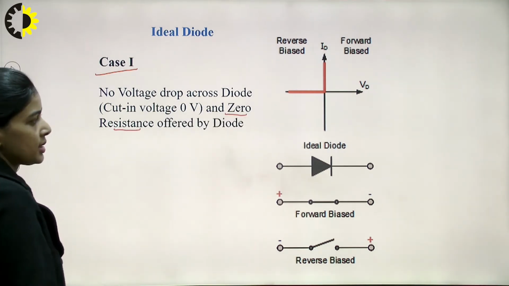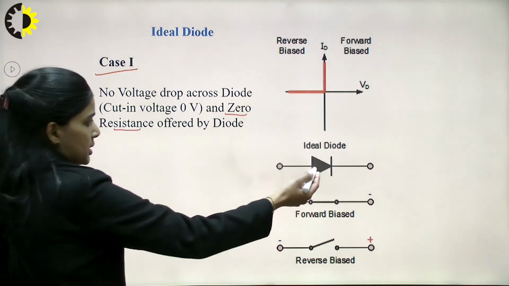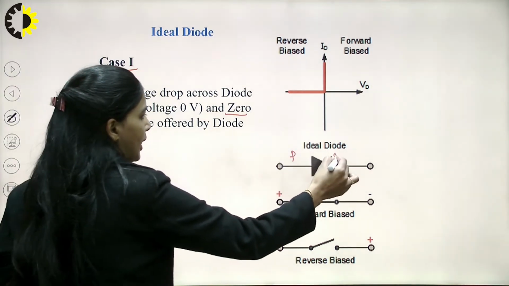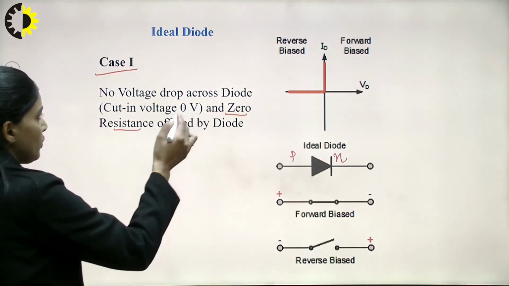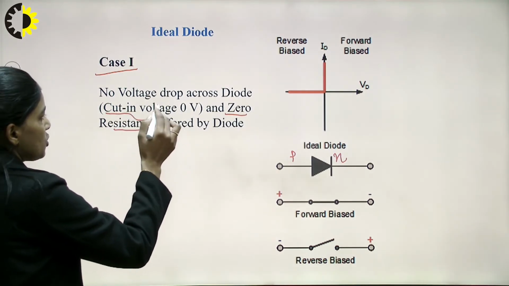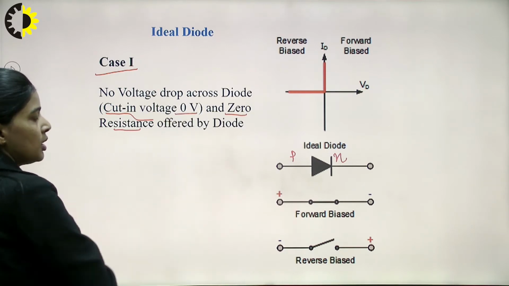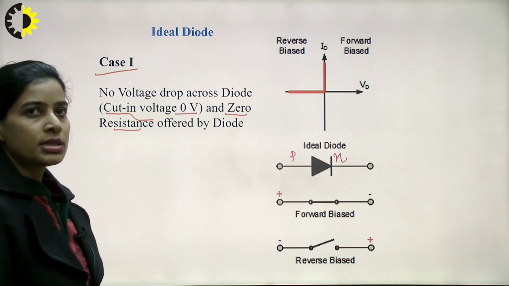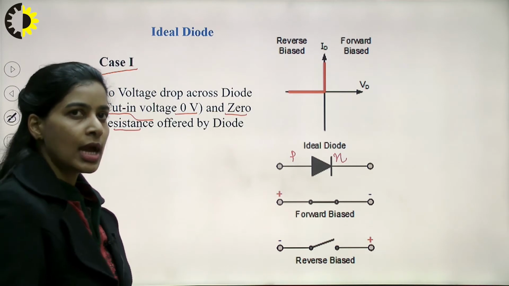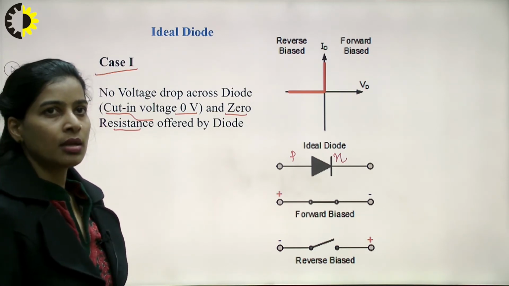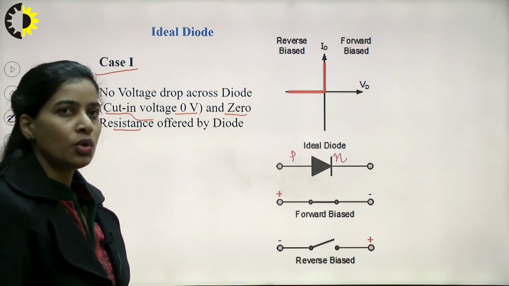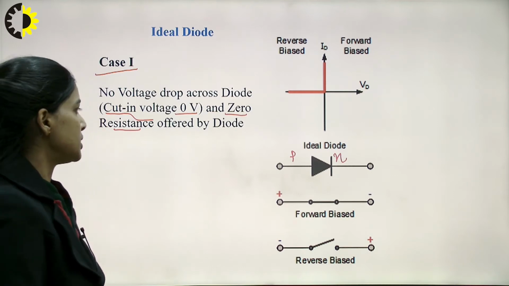So in that case, this is the diode P side and N side, and as we have considered that it is not offering any potential drop, its cut-in voltage is 0. So cut-in voltage 0 means that this diode will start conducting even at very low values of voltage.